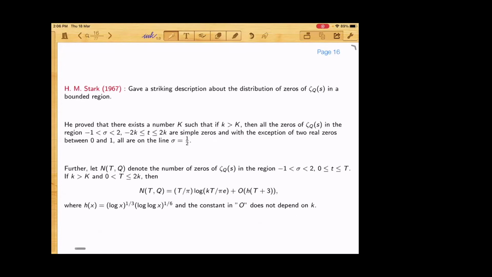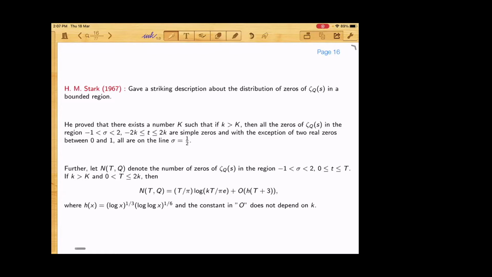Stark proved the existence of a number k, small k actually, this one, such that if K is bigger than k, then all the zeros of this are simple in this rectangle, with the exception of 2 real zeros between 0 and 1.